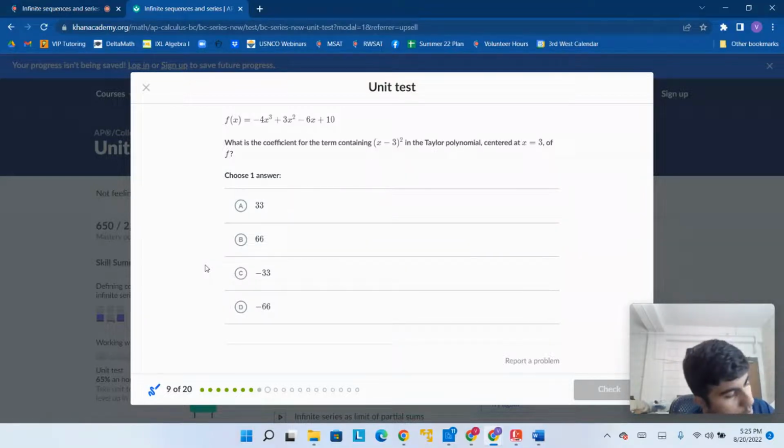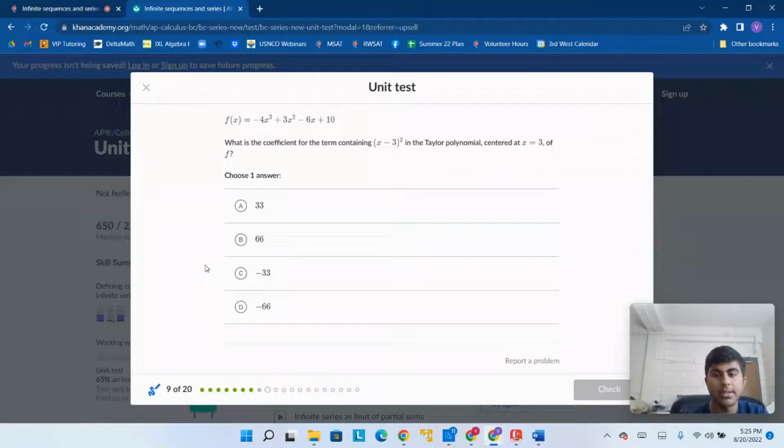And what do we get? Negative 4 times 27, that's 3 cubed, plus 3 times 3 squared, which is 9, minus 6 times 3, plus 10, is going to equal negative 108 plus 27, negative 81, minus 18, negative 99, plus 10, negative 89.